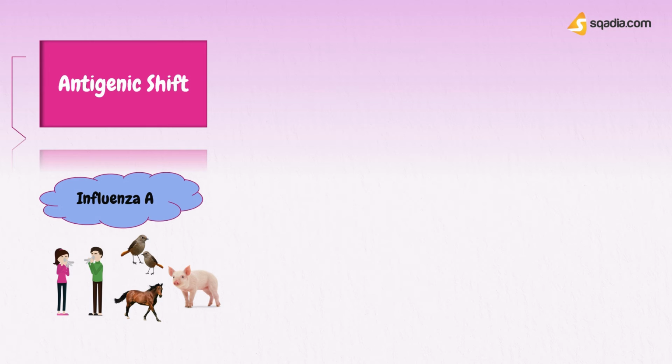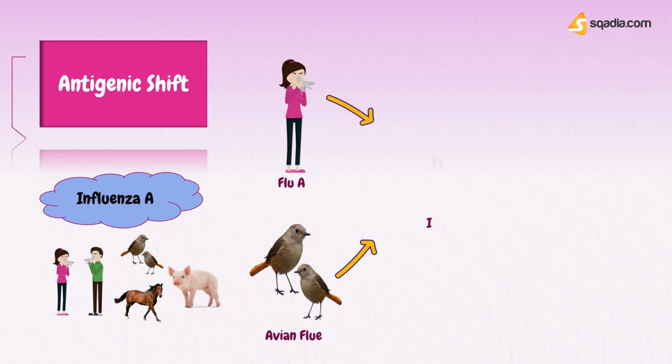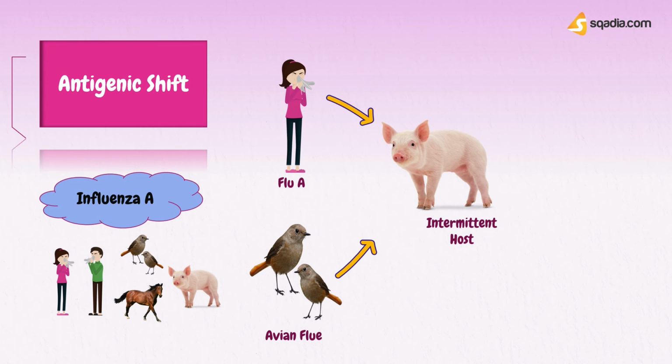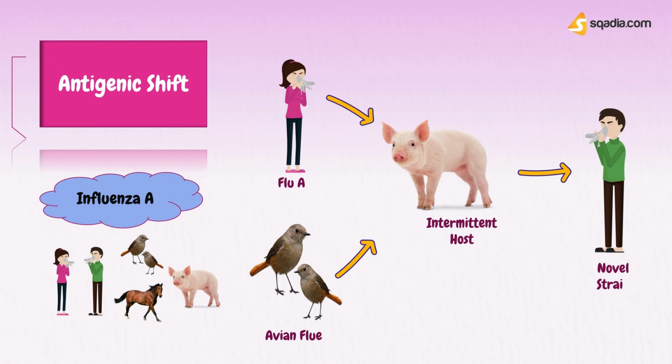When the infection passes through the intermediate host, the viral genome undergoes genetic variation, producing a novel strain. Therefore, influenza A causes pandemics as compared to influenza B and C that do not undergo antigenic shift. Antigenic shift variants appear infrequently, whereas drift variants appear virtually every year.